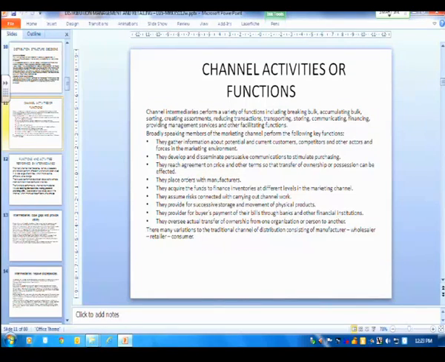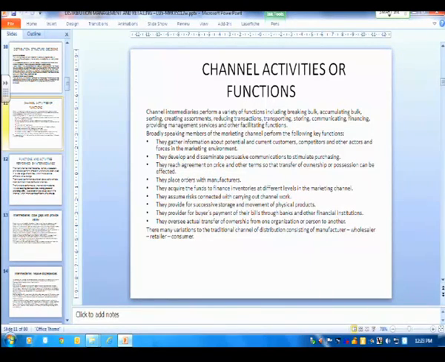Secondly, they develop and disseminate persuasive communications to stimulate purchasing. Thirdly, they reach agreement on price and other terms so that the transfer of ownership or possession can be effected.